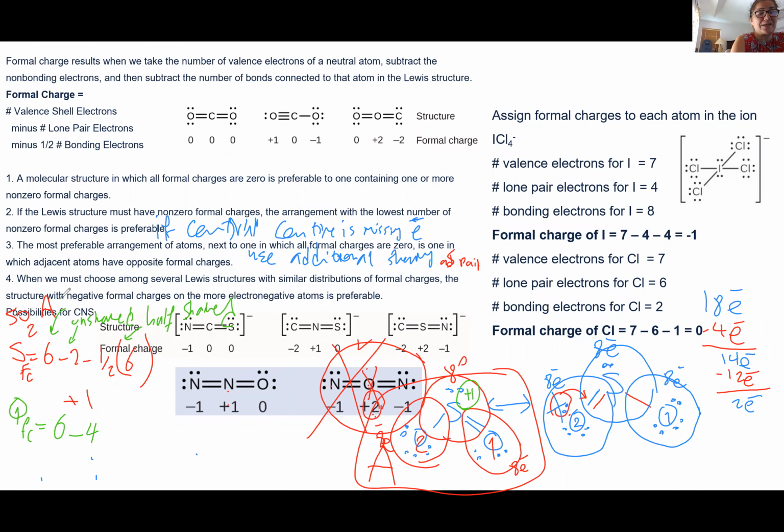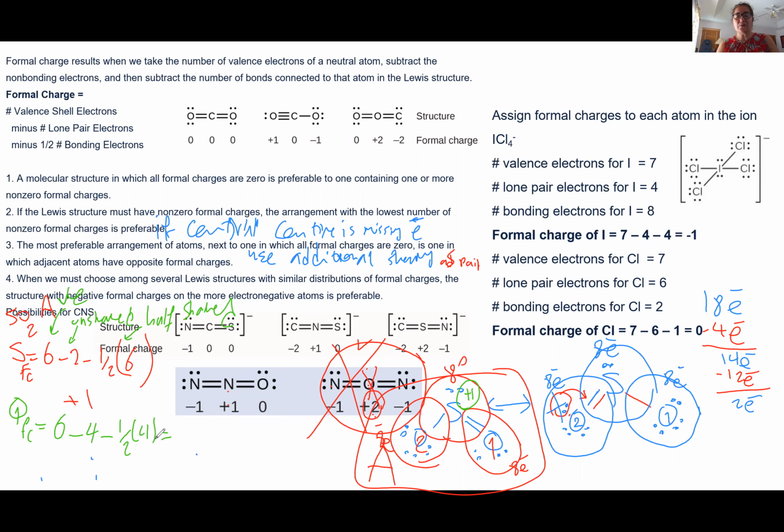This one is valence electrons. Valence electron minus unshared minus half shared. How many shared electrons do I have for oxygen 1? 4. So half of 4.